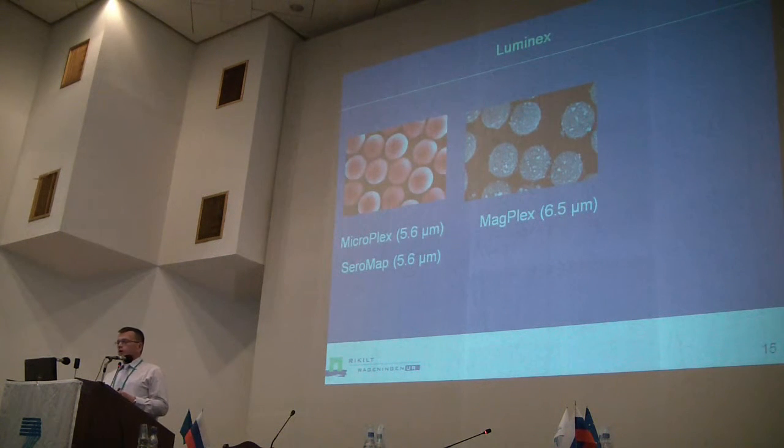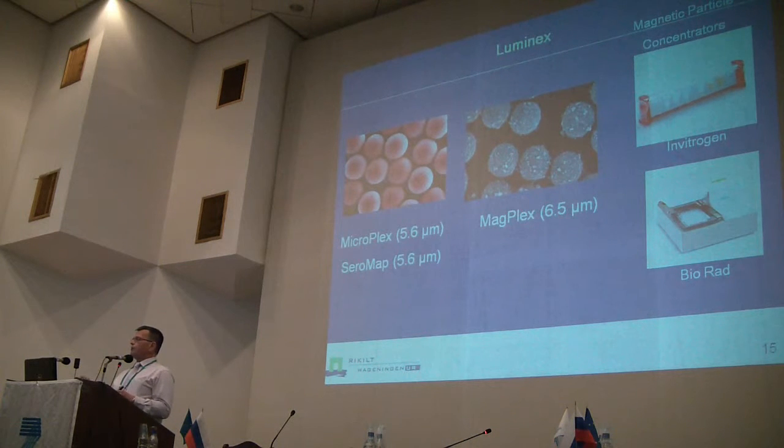The normal beads are called MicroPlex beads, but we also have serum beads, which are special for serum samples and give you less background. And they have magnetic beads, which are quite cumbersome. The magnetic beads help you during the sample preparation with just the normal magnetic separator, and you need a special washer with a magnet under it.